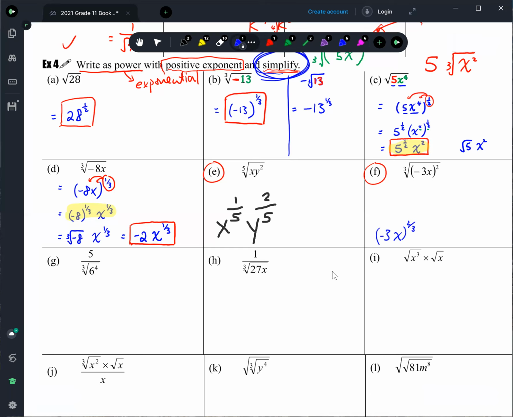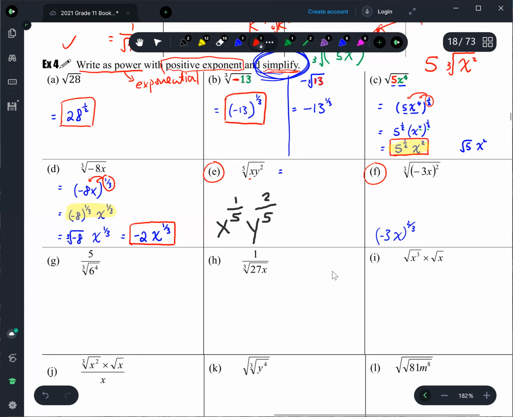So make sure you pay attention to when to stop, what counts as final answer. Sometimes you do too much, sometimes you do too little. For question E, because you have more than one thing inside, we need brackets. So first we put a bracket, everything inside you put in the bracket.